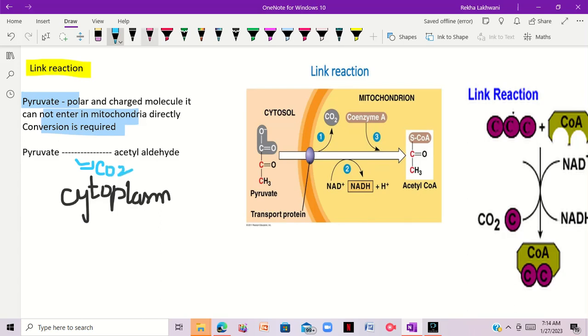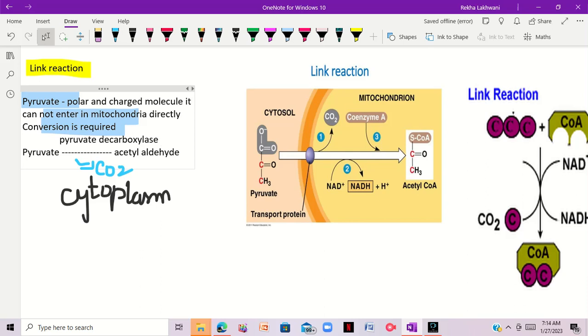The enzyme used over here is pyruvate decarboxylase. Why decarboxylase? Because carbon dioxide is removed. So pyruvate decarboxylase is used to convert pyruvate into acetaldehyde, and this reaction takes place in the cytoplasm.